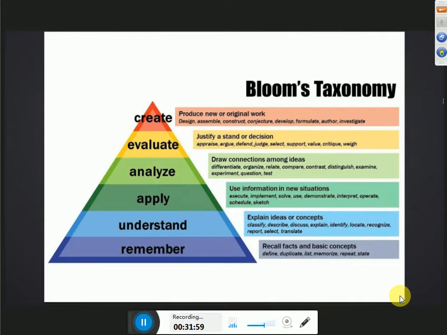You can't have an exam only based on that. You can't have an exam based on create, on the top one. That's actually very tough during exam. But probably 90% of the time, we're at the middle level, like apply. Because in the next level, after remember, you got to understand, in which we can ask questions like explain the ideas or concepts of a certain thing.